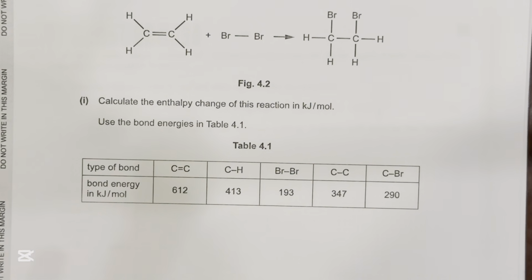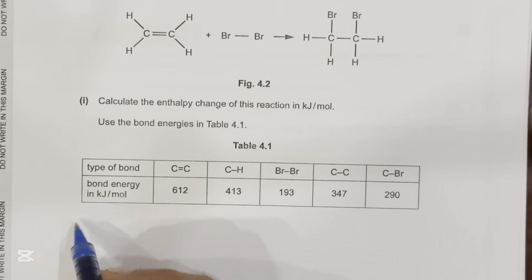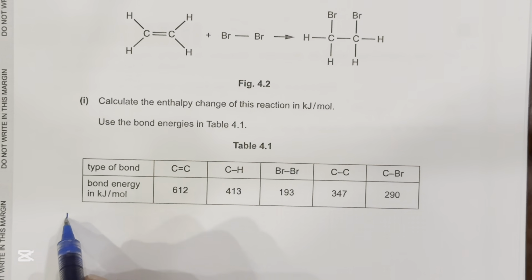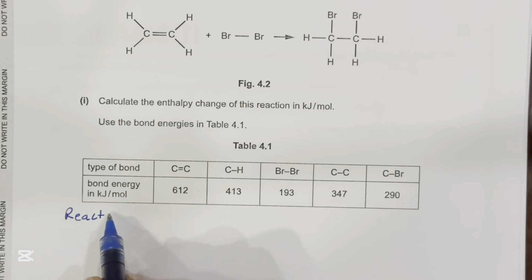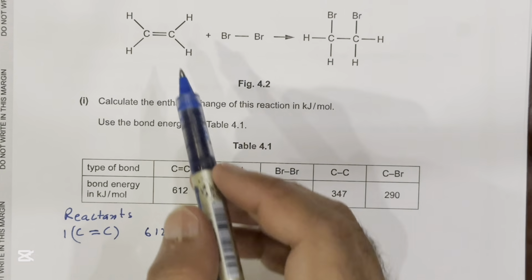First we need to know how many carbon double bonds and carbon hydrogen bonds there are. Over here you can see there is 1 carbon double bond. So I will write over here as reactants: 1 carbon double bond, and its energy is 612. Next is carbon hydrogen.